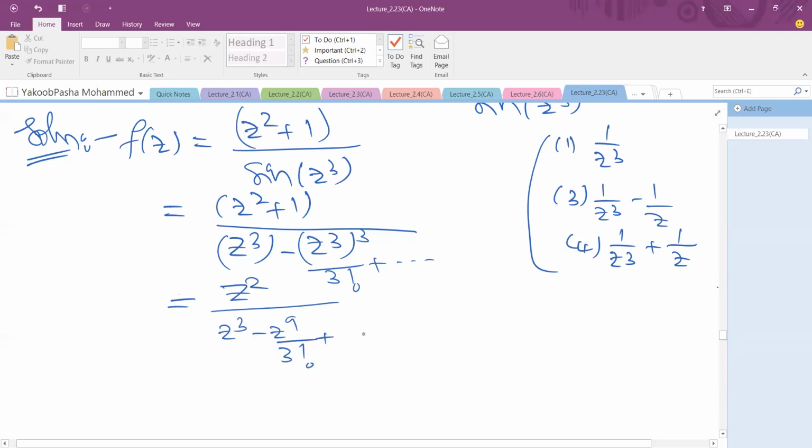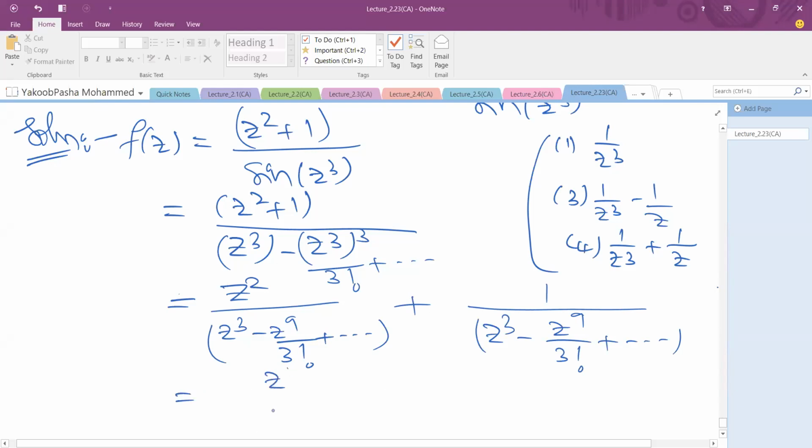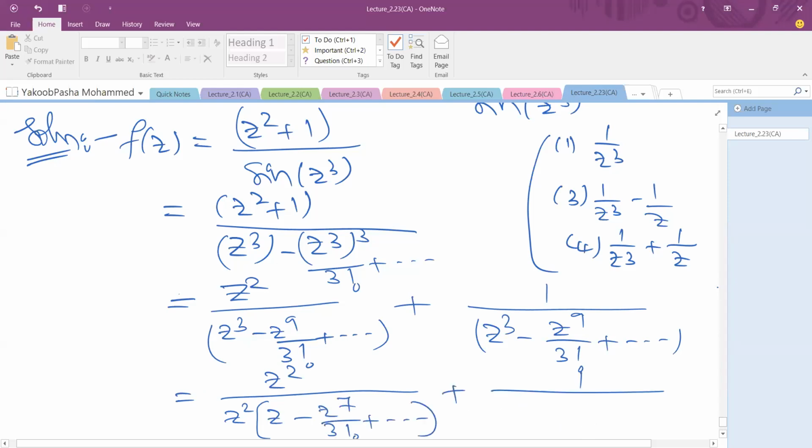First term plus 1 by z cube minus z power 9 by 3 factorial plus and so on. So we can take z square common in the denominator. So z minus z power 7 by 3 factorial plus and so on plus 1 by z cube minus z power 9 by 3 factorial plus and so on.